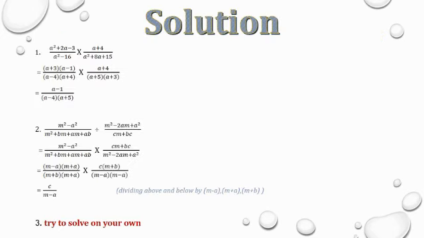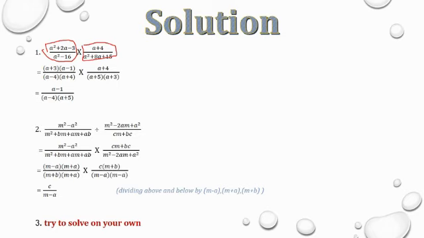Question 1, we've got the 2 fractions multiplying each other. The first fraction is a squared plus 2a minus 3 over a squared minus 16, multiplying the fraction a plus 4 over a squared plus 8a plus 15, okay? So on the first question, the numerator is a quadratic function, so you just factorize that the quadratic way, okay?